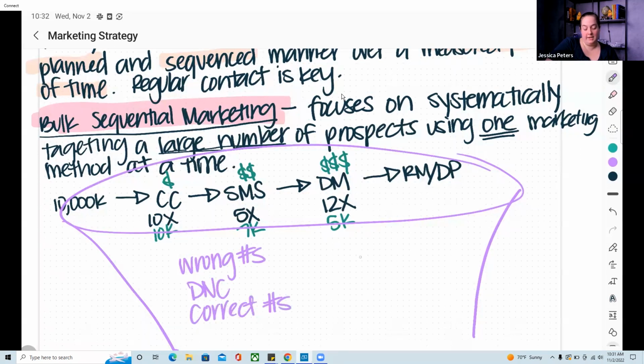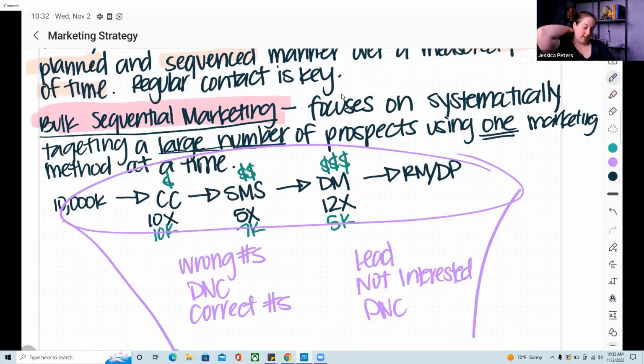And we're also updating statuses when we do make contact with correct numbers, either lead, not interested, DNC. So we're updating phone statuses and property statuses as we go. And this is what's going to come out of correct numbers: leads, not interested, DNC, right?